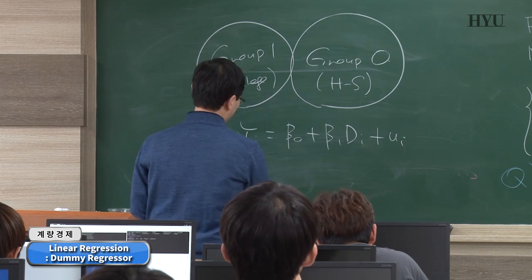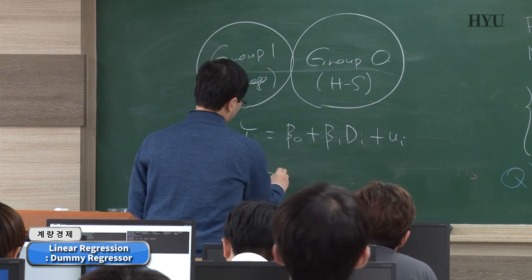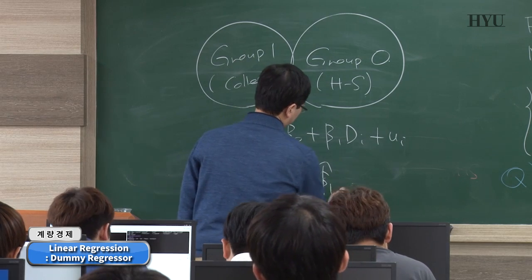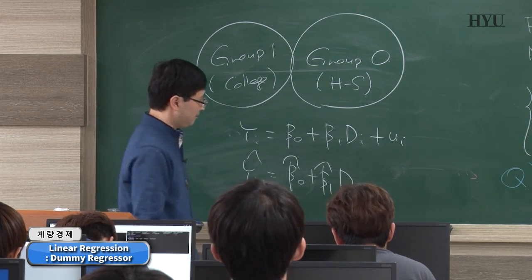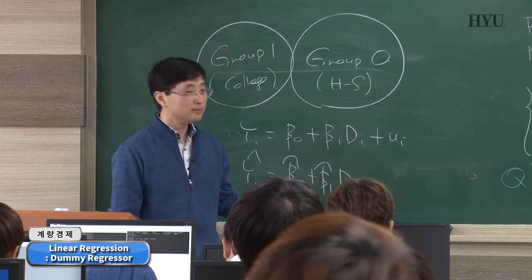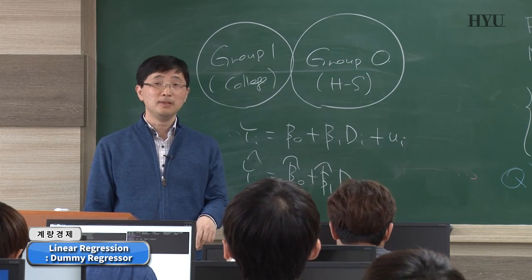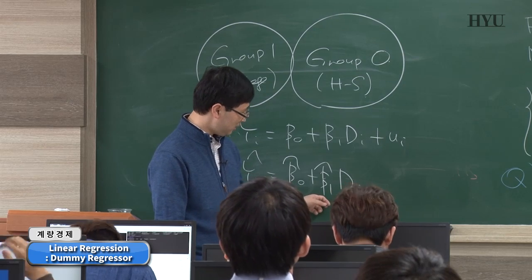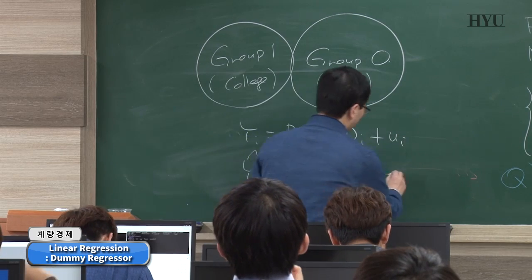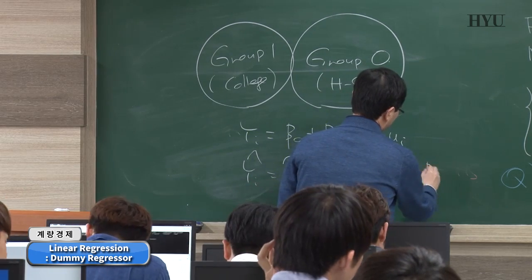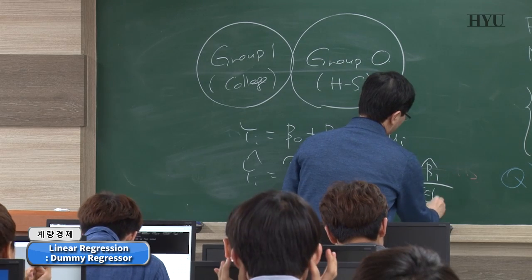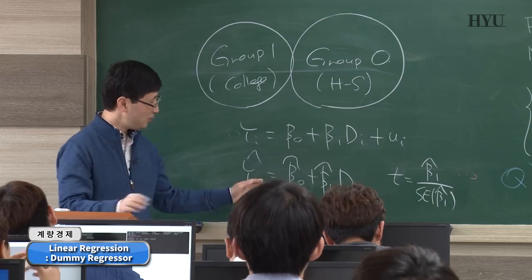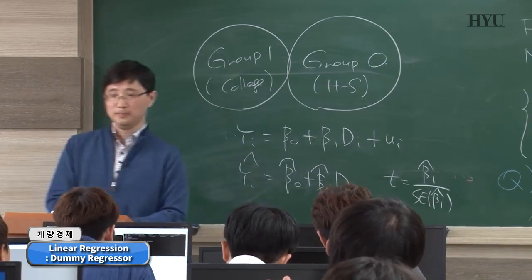Then you're going to have your estimate. So beta 1 hat gives you the difference between two groups. And if you want to know how significant the difference is, you can calculate the t-value, which is basically the ratio of these two things, right? Something we did before.